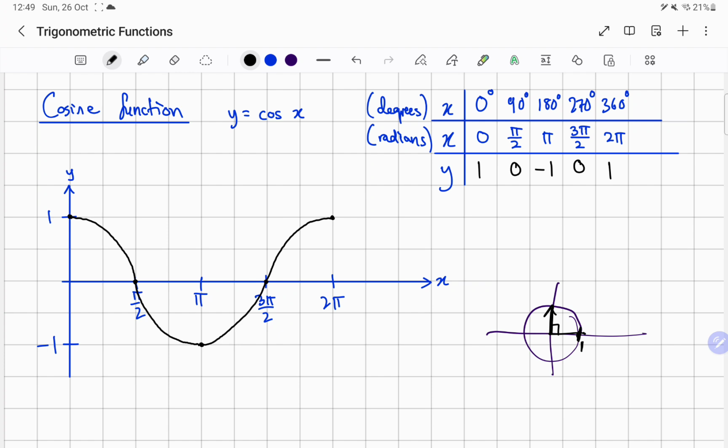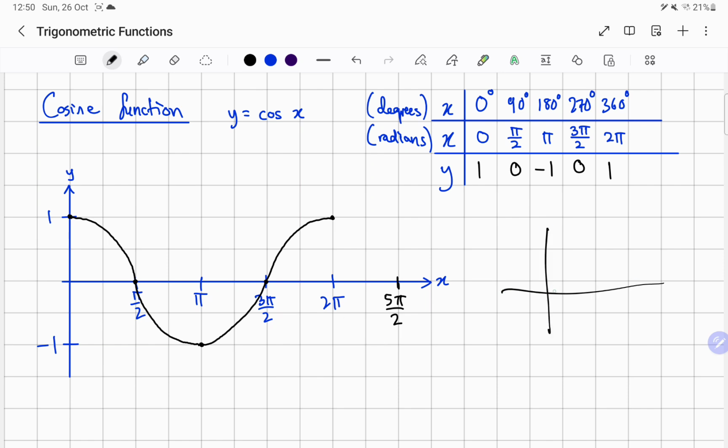And then let's see what happens after this part of the graph, after 2 pi. The next point here will be 5 pi over 2, which is 2.5 pi. So you go another half pi, meaning another 90 degrees.